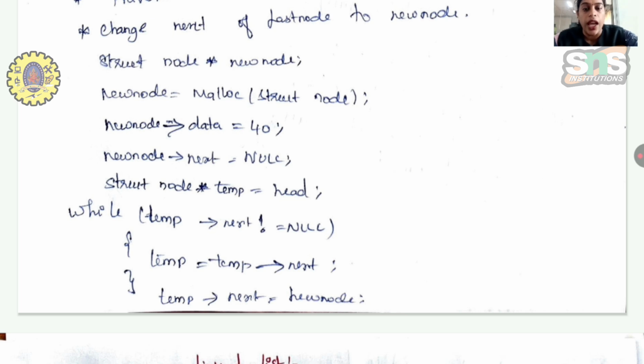Always remember that handling the empty list case is a little bit tedious. In the next video we will be covering insertion at a specific position in the singly linked list, which is a little bit different from insertion at the beginning and at the end.